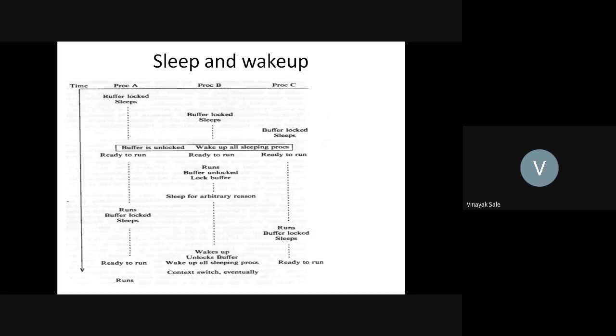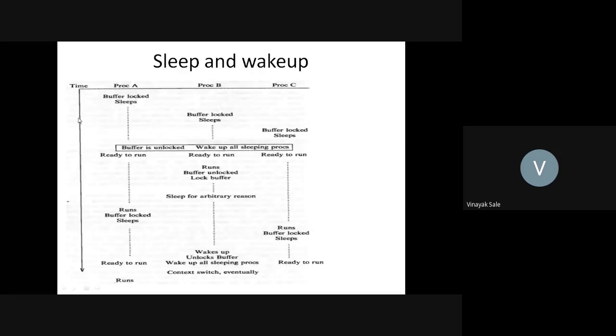See, this is a figure for sleep and wake up. The x-axis contains three processes: process A, process B, and process C, whereas the y-axis contains the time. When process A is entered, the buffer is locked, so process A goes to sleep.